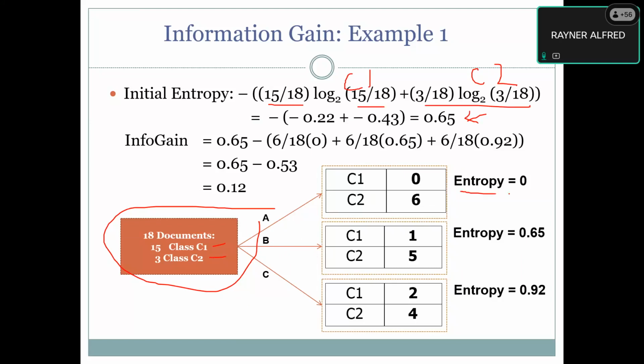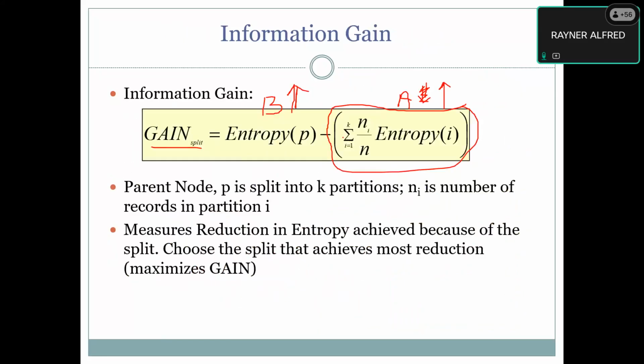So we compute the individual entropy for each of the partitions. We have this and this, but we need to use the weightage for each one of them. The first one is 6/18, so this is what we call the weightage. If we look at the formula here, this is the weightage.